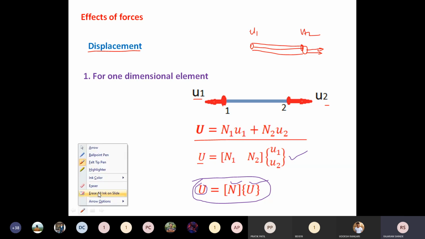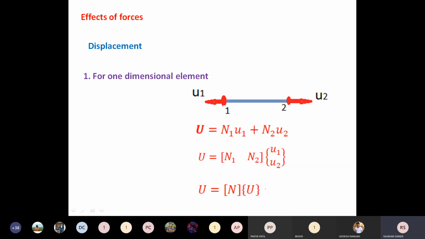This equation is the general equation of displacement, that is shape function into nodal displacement. I have used the same notations. This is your variable displacement and this is your nodal displacement matrix, and the shape function is this one.